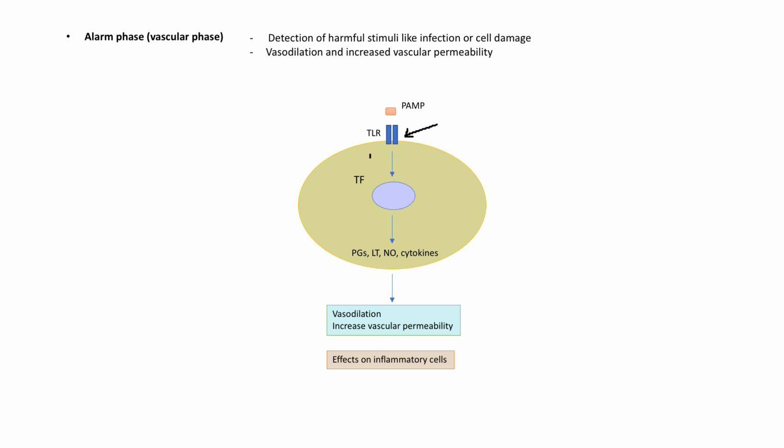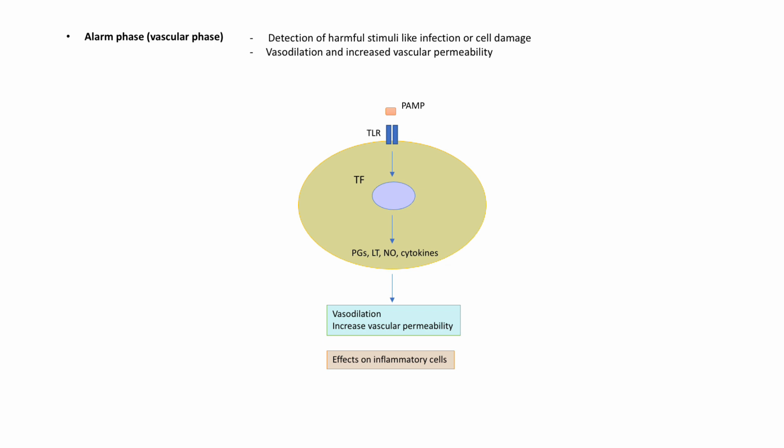These receptors then send downstream signals that result in activation of transcription factors like NF-kappa B. These transcription factors then increase transcription of pro-inflammatory genes, and that results in production of inflammatory mediators like prostaglandins, leukotrienes, and cytokines. Some of these mediators then result in vasodilation and increased vascular permeability.